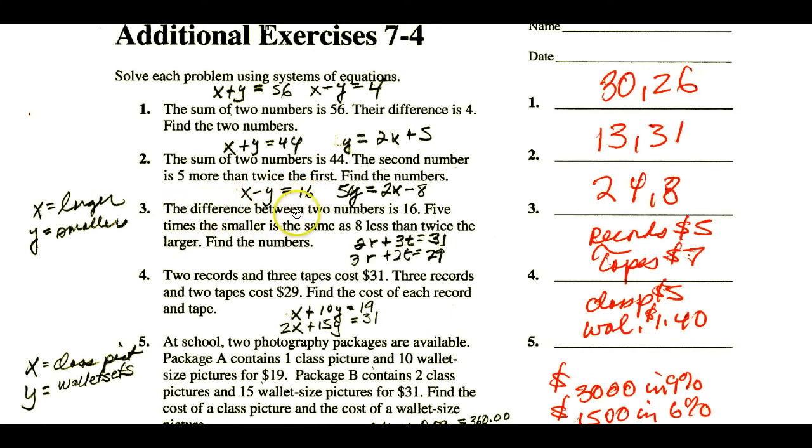The difference between two numbers is 16. 5 times the smaller, now we said the smaller number was y, 5 times y equals the second number, which is twice the first.